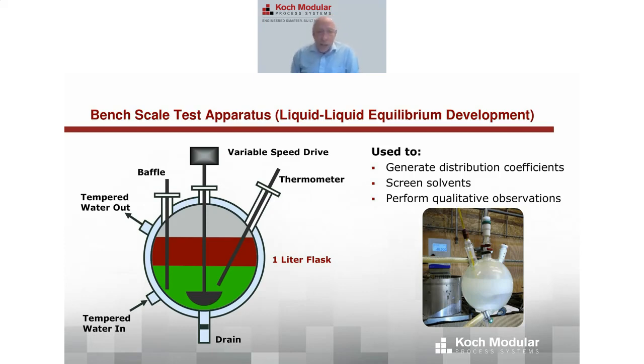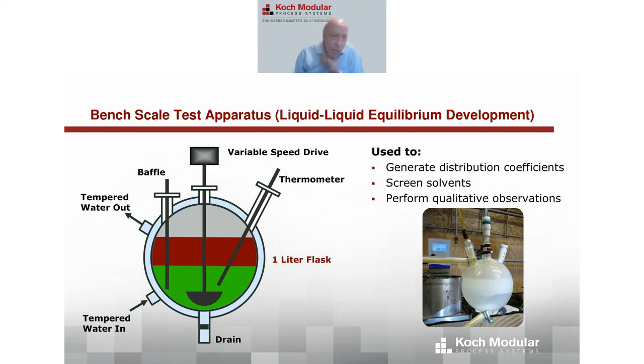So one of the nice things about liquid-liquid extraction is it's really relatively easy to generate your liquid-liquid equilibrium data, which I was just talking about. And this is how we like to do it. We like to use a round bottom reaction type flask. We like to have it jacketed so that we can control the temperature in that flask. So basically what you do is you put your feed in here, you put your solvent in here, you bring it up to temperature, and then you mix it.